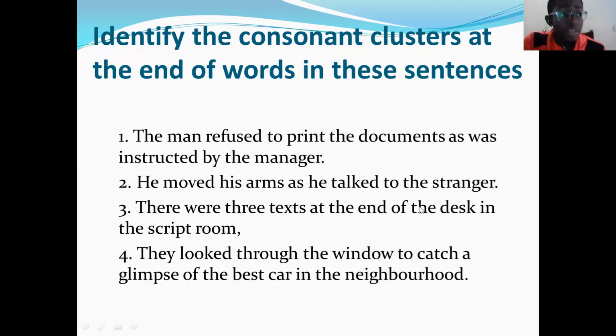If they have more than one cluster, what should we do? That's what I've just explained. Let's take the word blank, B-L-A-N-K. That word has 2 clusters, at the beginning and at the end. So I want to see the word in the first column, that is the initial column, and the last column. Am I clear now? Yes, ma. Good, thank you.